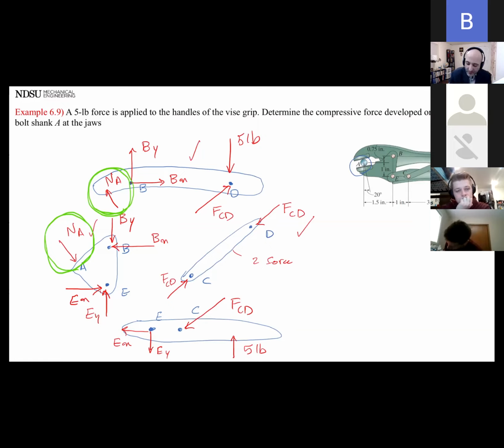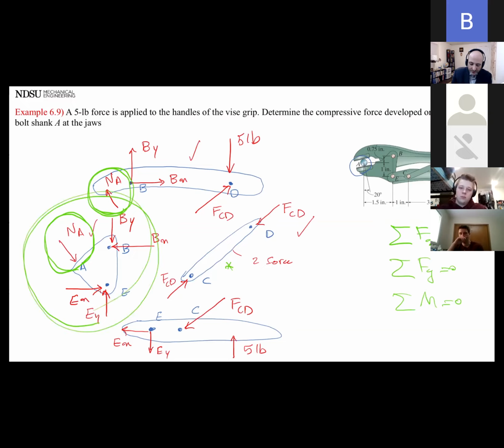Because you have three equations: summation of forces in x equals 0, y equals 0, and summation of moments. You can use that for each of those, except this one, where the moment really doesn't make sense. For this problem, I'm going to pick these two. So I'm going to pick this one. And I have 1, 2, 3, 4, 5 unknowns. That really doesn't work out.